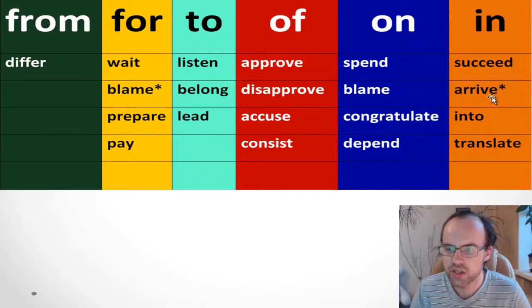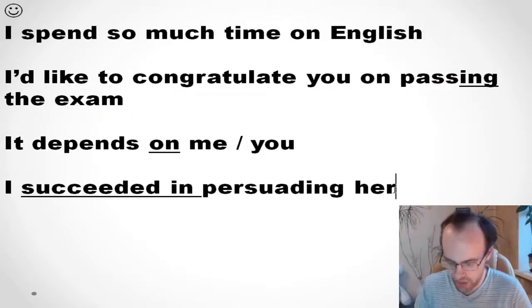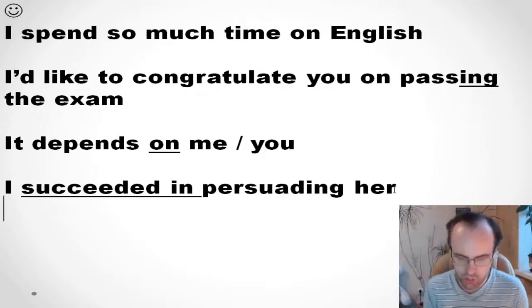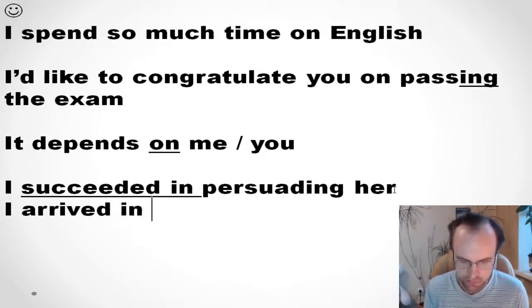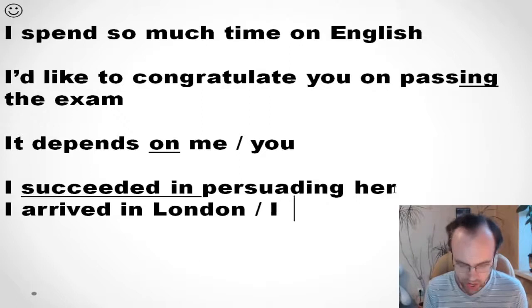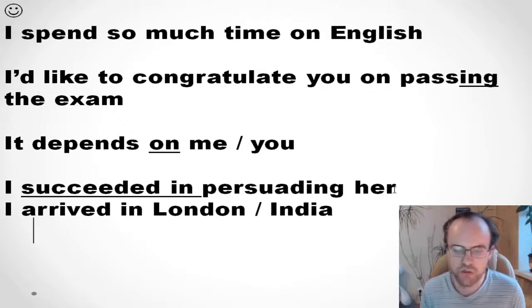What about arrive? It's also a very tricky verb. We say arrive in. For example, I arrived in London, or I arrived in India. If it's a big place or a big city, we use arrive in.